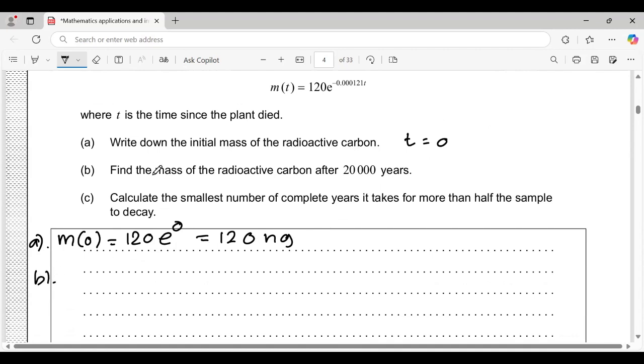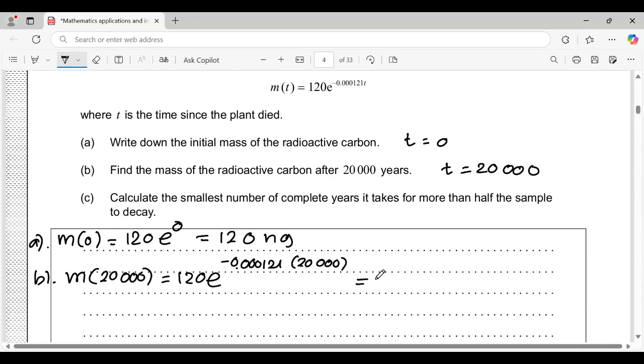B. Find the mass of the radioactive carbon after 20,000 years. It means t equals 20,000. So M(20,000) equals 120 e to the power minus 0.000121 times 20,000.